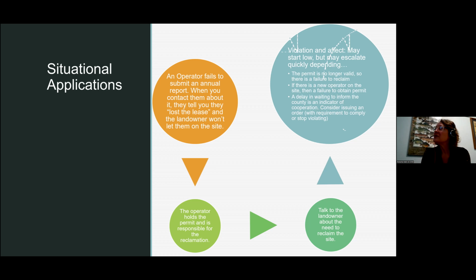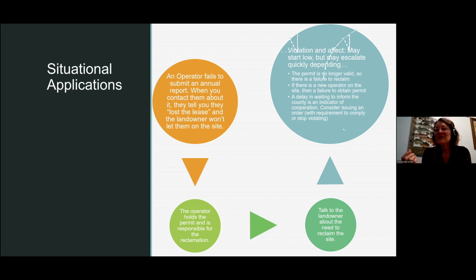If, on the other hand, there's a new operator, and we'll talk about that under the next situation, then you might be looking at the new operator as failing to obtain a permit. So failure to reclaim or failure to obtain a permit, or some combination in between. Because there was a delay in informing the county, that could be an indication of cooperation, or maybe simply an indicator of not being sure what to do about this.